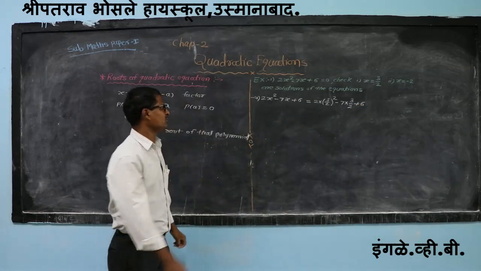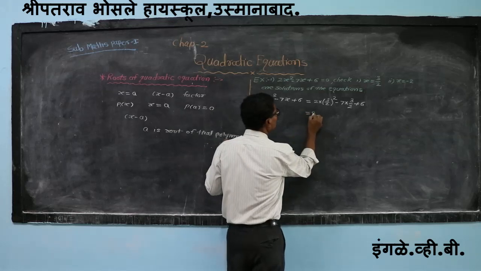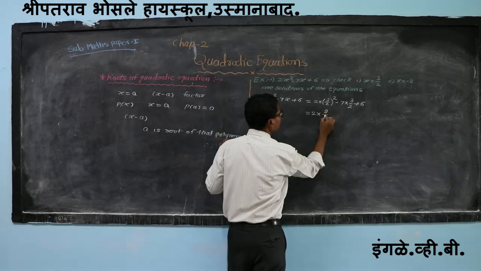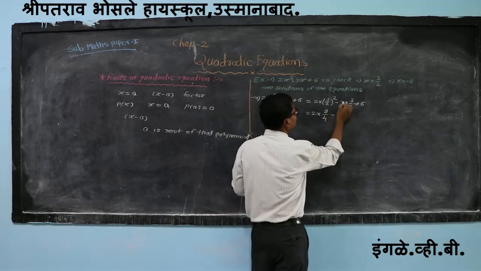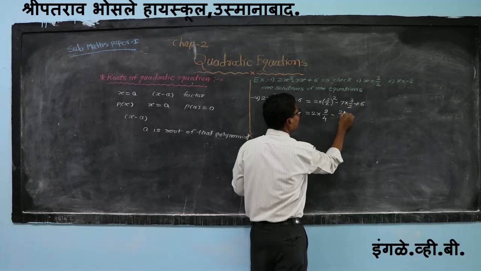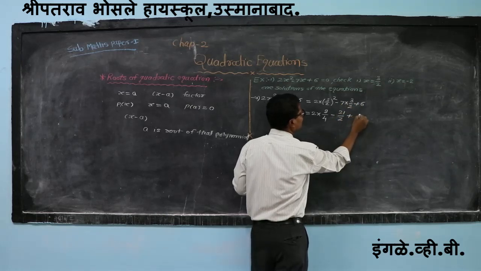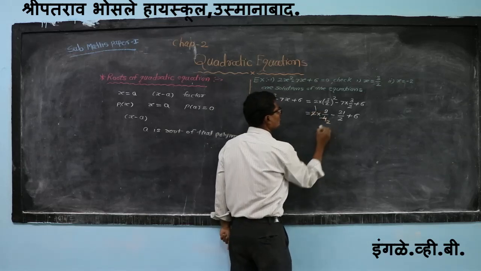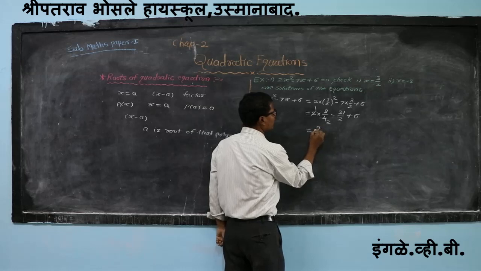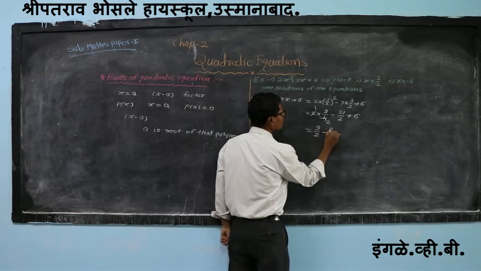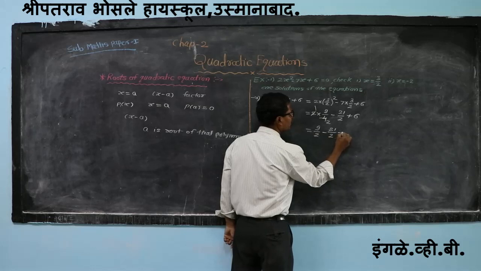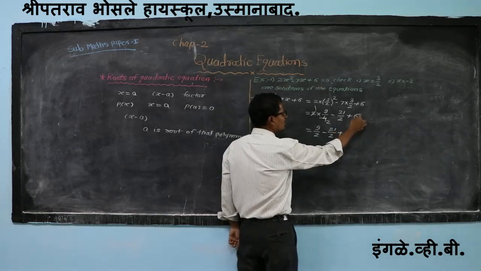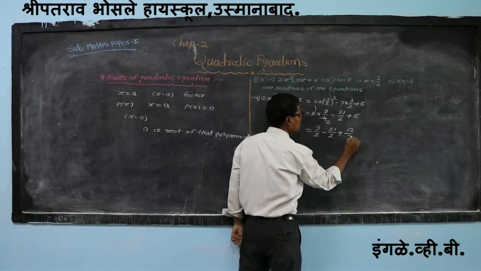When we put the values, then calculate. 2 multiplied by 9 by 4, minus 21 by 2, plus 6. 2 fours are 8... 9 by 2 minus 21 by 2 plus 6. Here we multiply numerator and denominator by 2, 6 becomes 12 by 2.